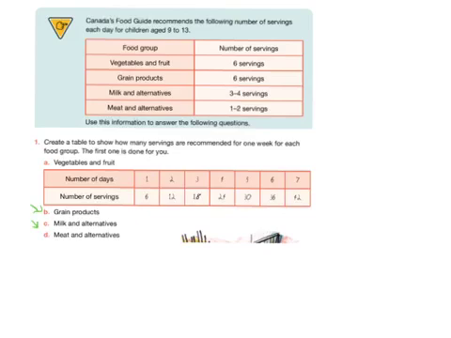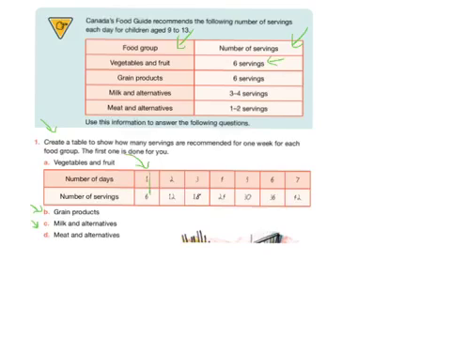All right, let's take a look. Canada's Food Guide recommends the following number of servings each day for children aged 9 to 13. Here we have the food group and the number of servings. So to create a table to show how many servings are recommended for 1 week for each food group, here's an example. The vegetables and fruits. 6 servings for each.